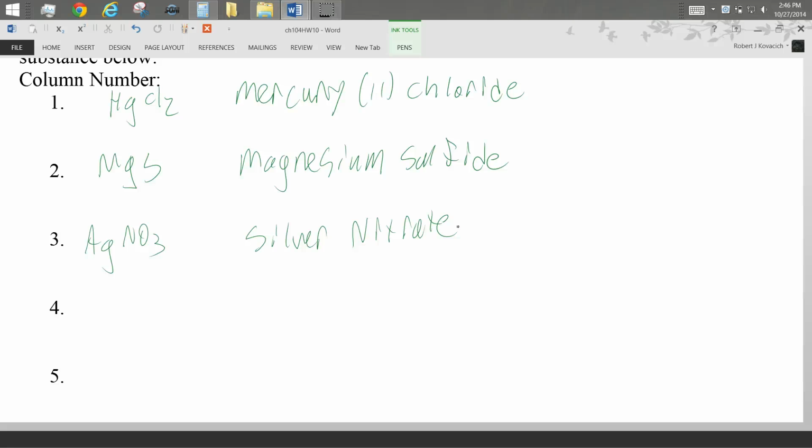Silver is one of the few transition metals that doesn't have a variable oxidation state. The only time you don't have a Roman numeral for the metal's charge is if the charge never changes. And it never changes for silver. Silver is either 0 if it's an element, or it's +1 if it's in a compound. So we don't say it, even though it's in the transition metal area. And then it's just nitrate, because you always just say the name of the polyatomic ion regardless of how many of them there are.